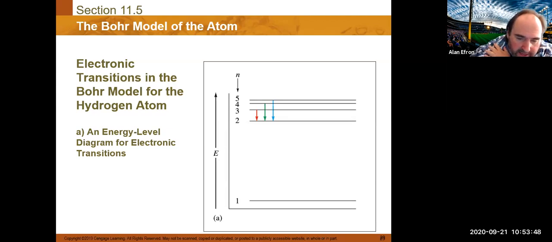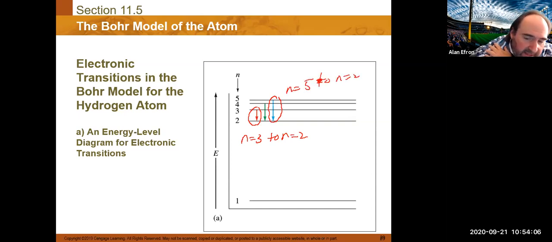Again, that red line that we see in hydrogen may be a result of a transition from the third energy level to the second, as opposed to, say, this more blue line here, which is transferring from the fifth energy level to the second energy level. Again, this transition going from fifth energy level to second spans more energy levels, so it would require more energy to do that.